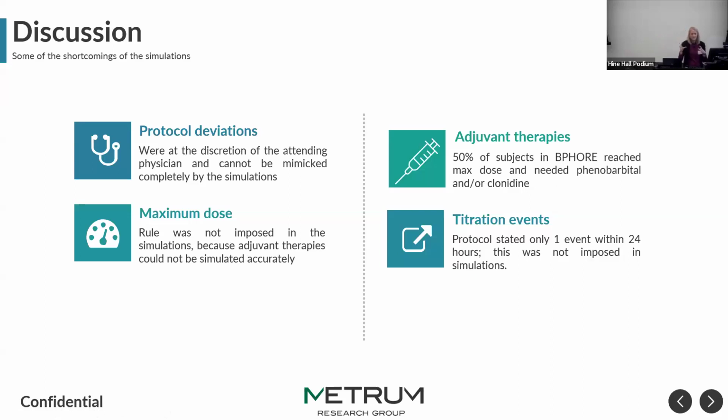So that was a big chunk of our data that we censored and weren't able to use, which was a little unfortunate for our simulations. And finally, another difference was this titration event rule, where in reality they could only titrate once a day, and we didn't impose that in the simulations.